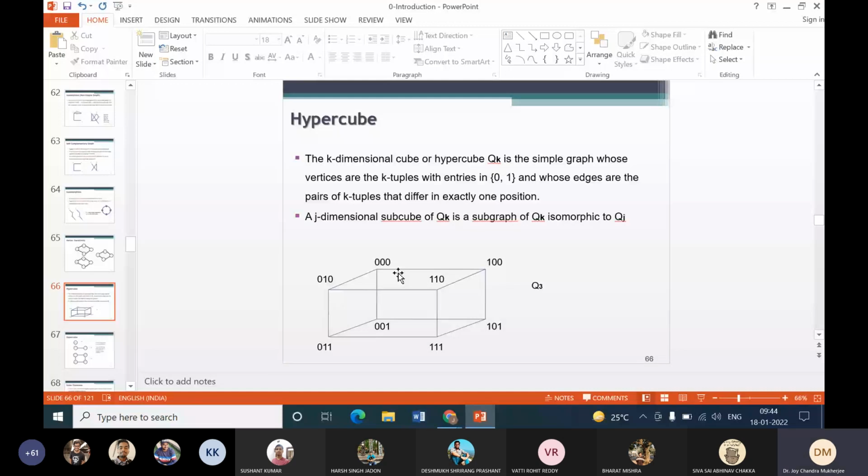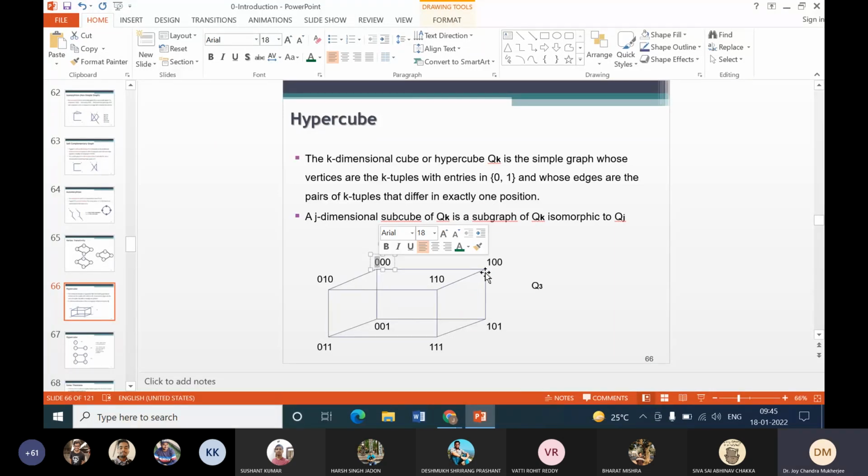Each vertex is basically a binary number, so 000 through 111. Now how are the edges created? Like 000 and 100, there is an edge between them because these two bit patterns differ by exactly one position. So this 0, if I convert it to 1, it gives me this vertex.